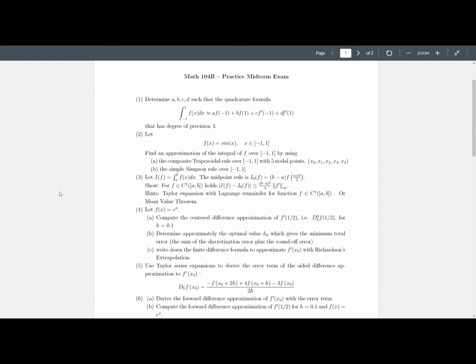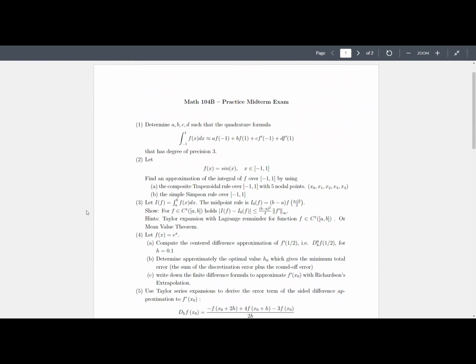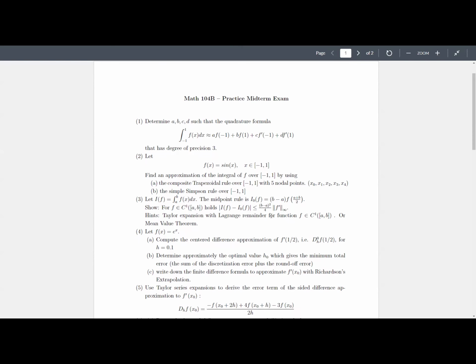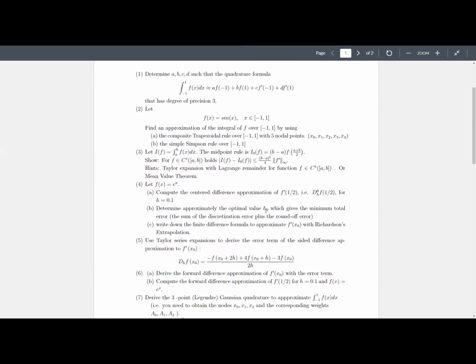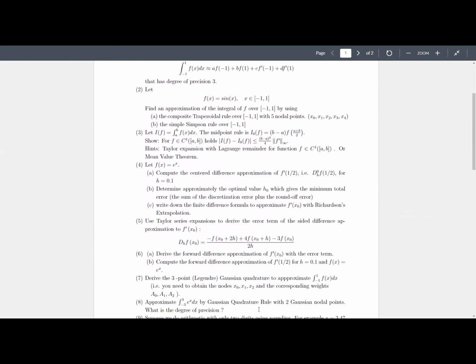And for the other questions, I would choose 3 questions from the rest, but I would change the numbers a little bit, not just the original versions. So what you need to do is practice on these questions, and you will find out that the questions are pretty similar to, or just copied from, your homework questions.